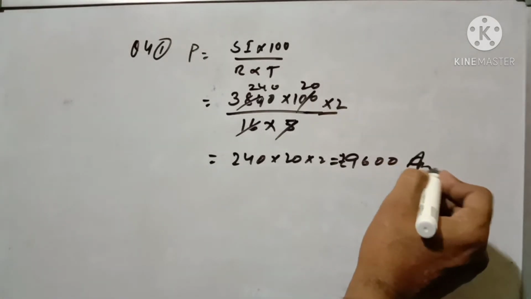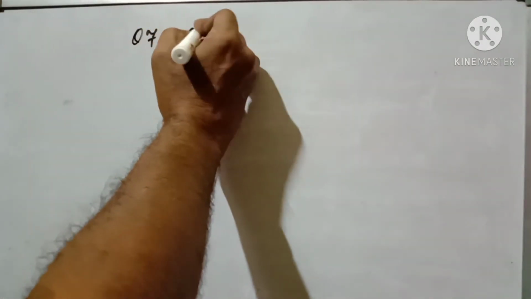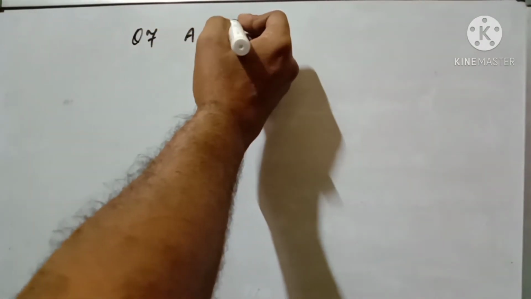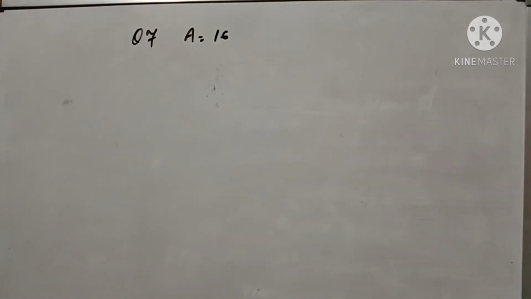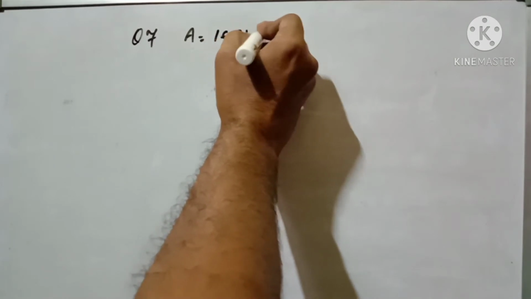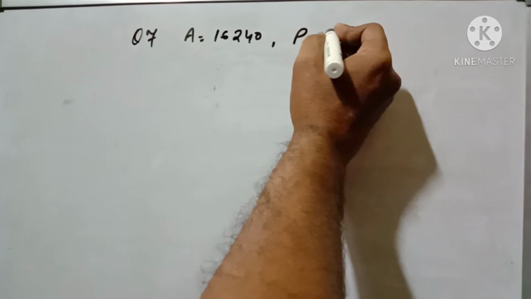Write down please. Question number 7. Rupees 14,000 is invested at 4% per annum simple interest. How long will it take for the amount to reach 16,240? First of all, here the amount is given, 16,240, and P is given, 14,000 rupees.